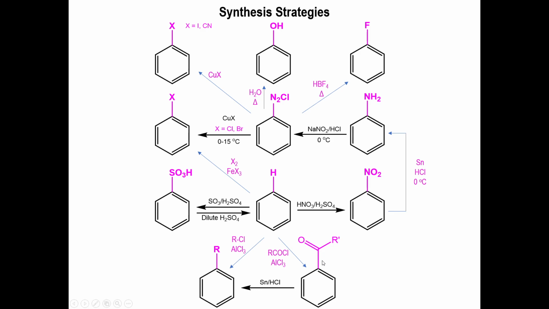Now, the good thing about them is that because they are deactivating groups, they don't undergo multiple acylations. And the other thing is that you can easily remove the oxo group by treating this with tin in HCl. So it's actually a very, very nice way of carrying out that reaction.